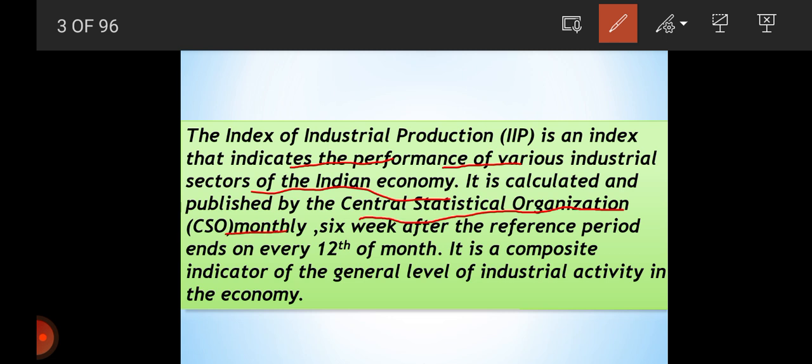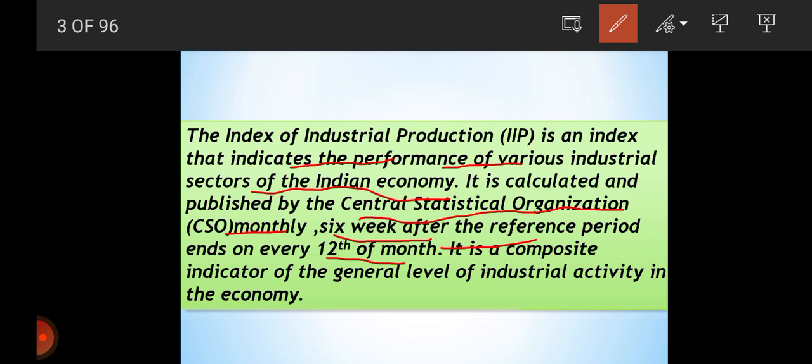CSO collects and publishes data of IIP after 6 weeks of every 12th of the month. इसका मतलब है हर महीने की 12 तारीख को 6 वीक के गैप के बाद दे यूज टू पब्लिश डेटा रिलेटेड टू IIP.